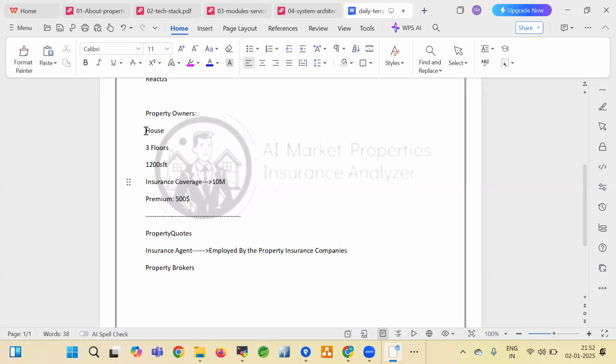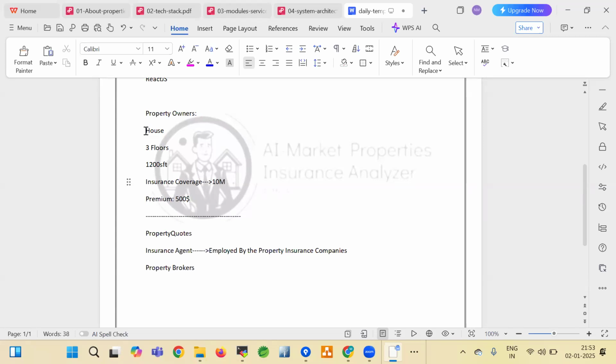And there will be no wastage of time because the system will have certain criteria to decide whether to accept or reject this property quotation, maybe 7 days or maybe 15 days. That's it.